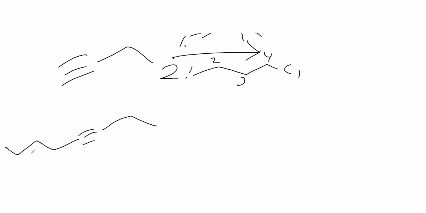I'm going over this quickly, but count your carbons when you're doing these reactions. So you started with 4 carbons here, you added 4 carbons. So you should end up with 8 total in the end, which we did because I made sure to count the carbons as I added them.